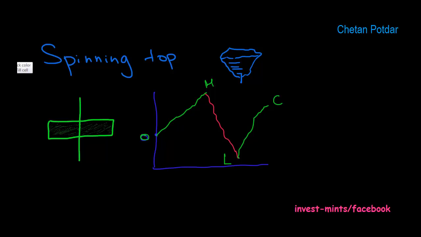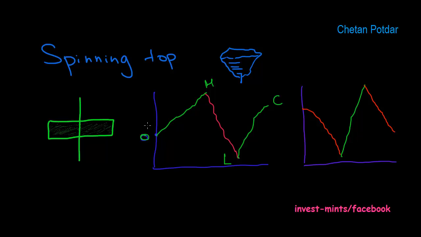On the other hand, the chart could also look like this, so let me draw the chart again. If the price opens here and goes down, and all of a sudden a bullish pressure comes into play and the price goes up, and finally the bears close the market because the bears are in control, then the price is going to go down and stop here.